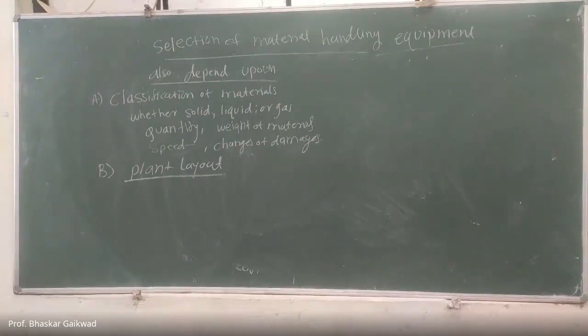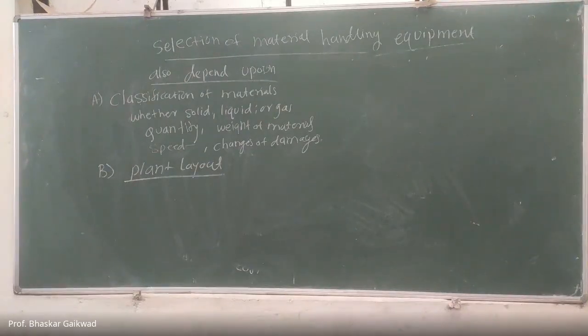Then distance to be traveled, that is fixed or long, flow pattern, horizontal or vertical. So the type of layout depends upon the product. Whether continuous production or mass production is there, always you have to select product or line layout. And if batch production is there, always you have to select the process layout.